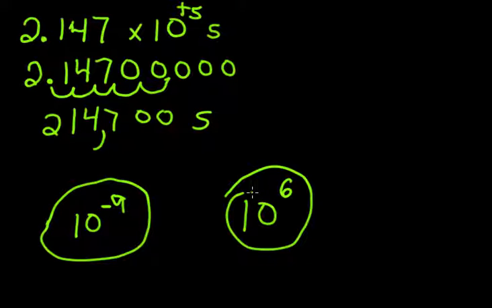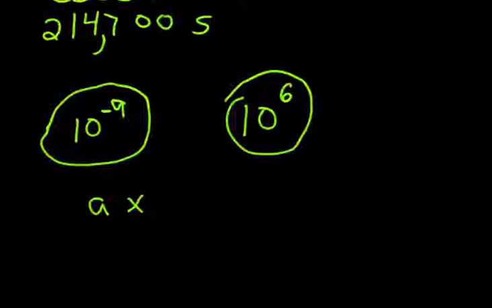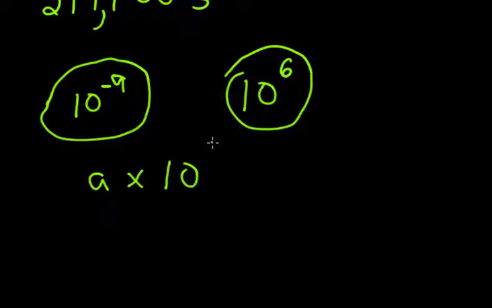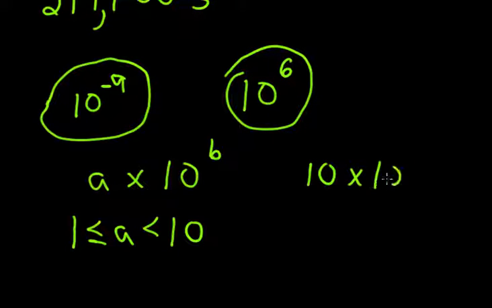And then the A portion, or the front portion, is the measure of how many of those big or small things we have. And the reason we keep A, I'll rewrite this here, 10 to the B, between 1 and less than 10 is if A was 10, right, 10 times 10 to the 5th, well, our base rule says we could rewrite that as 1 times 10 to the 6th.